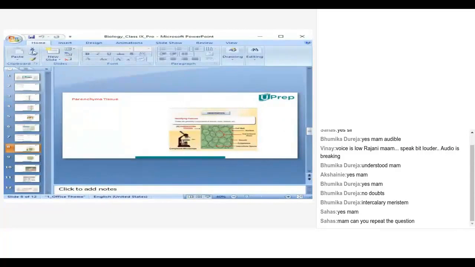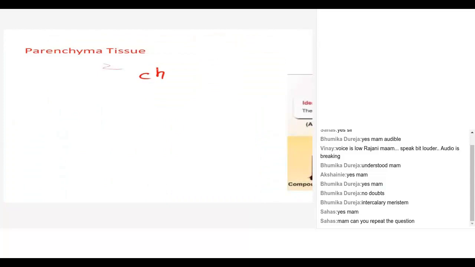We have different names for parenchyma tissue, like chlorenchyma and aerenchyma. These are various names given to parenchyma tissue. Chlorenchyma means what? If the parenchyma tissue stores chlorophyll in its cells, then that parenchyma tissue is called chlorenchyma. So chlorenchyma is the tissue which helps in photosynthesis.